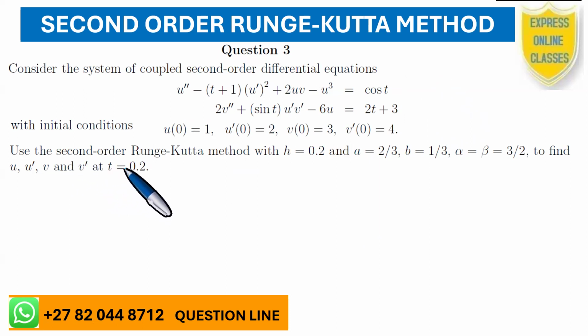Use the second order Runge-Kutta method with h = 0.2, a = 2/3, b = 1/3, alpha = beta = 3/2 to find u', v' at t = 0.2. Okay, so this will be our next target. It's excessively lengthy, so we're going to spend a lot of time discussing this in our next meeting. It's going to be our first example, and then we shall look at other sections as well.